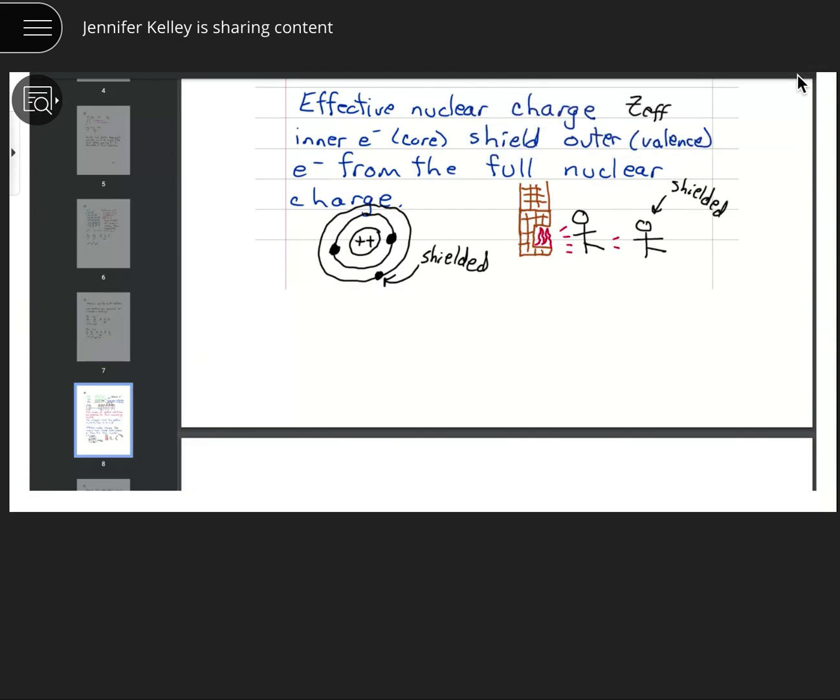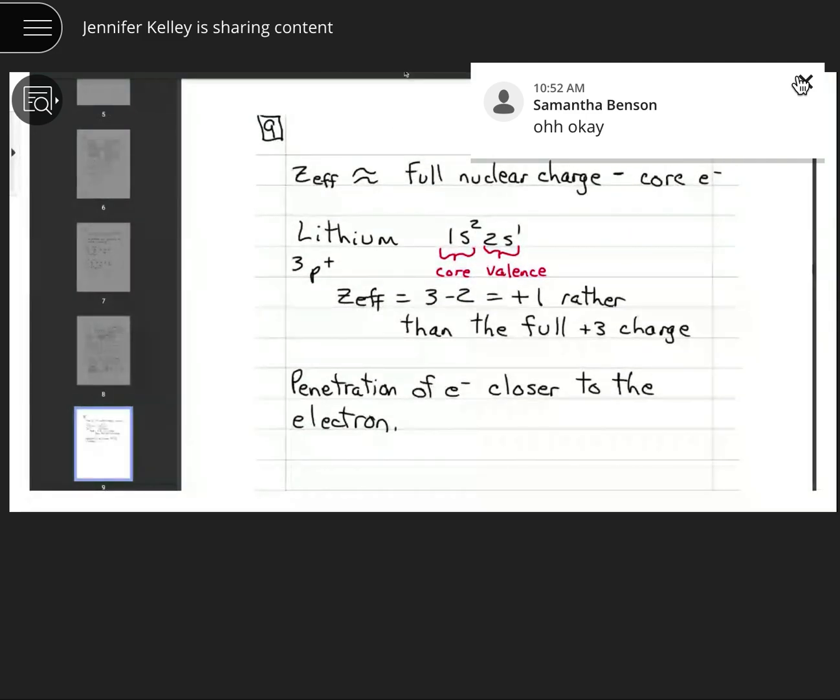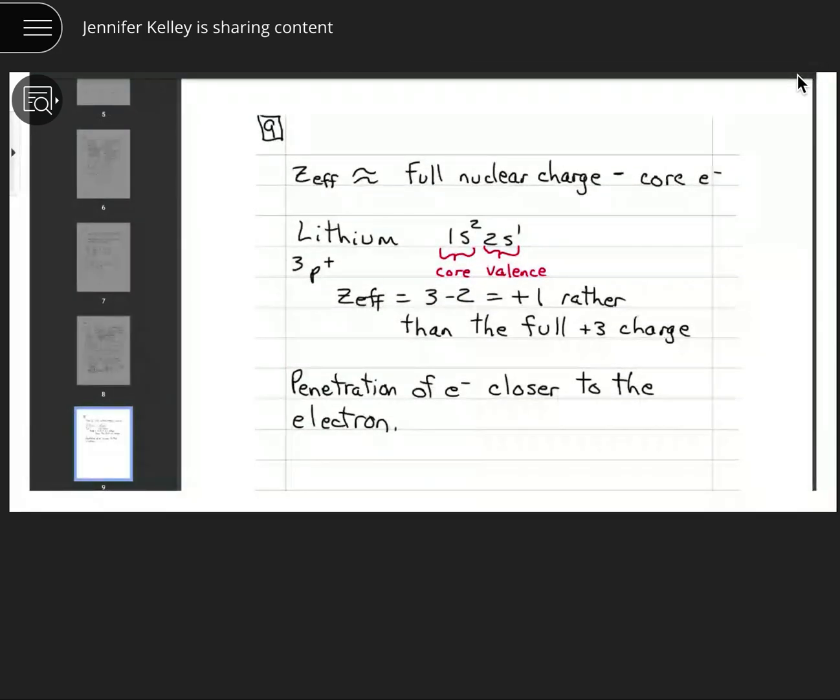So it's effective nuclear charge, and right next to that, ZEFF is just the symbol that people use for effective nuclear charge. And then here is a formula for that. The effective nuclear charge is approximately the full nuclear charge, so that's how you count up all the protons, minus however many core electrons there are. So if you look at lithium, lithium has 3 protons. So if you're doing the effective nuclear charge formula, it's the 3 protons minus the core electrons.